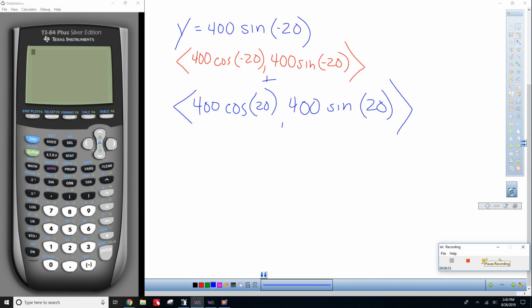So, 400 cosine of negative 20 plus 400 cosine of 20, and that's, where's my error at?